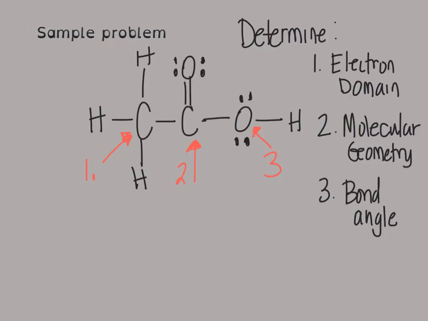Here's a sample problem, and I'd like you to do three things for this particular molecule. I would like you to find the electron domain, the molecular geometry, and the bond angle for each central atom. They are listed in red here.